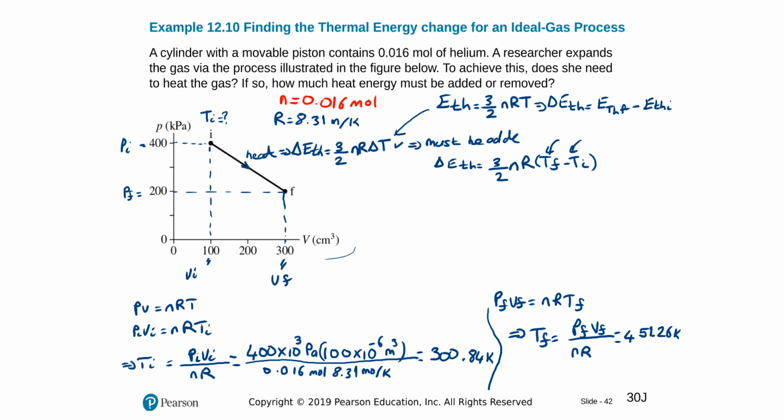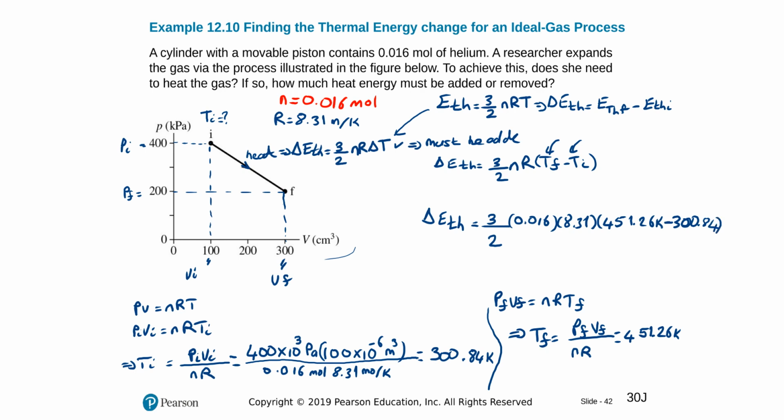Everything else is known. So delta E thermal, which is the heat energy she should give to the system, is 3/2 times n, 0.016 moles, times R, 8.31. I drop the units here and I enter my T final, 451.26 Kelvin, minus T initial, 300.84 Kelvin.